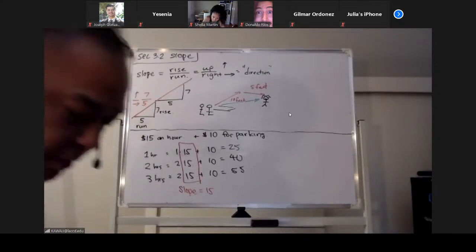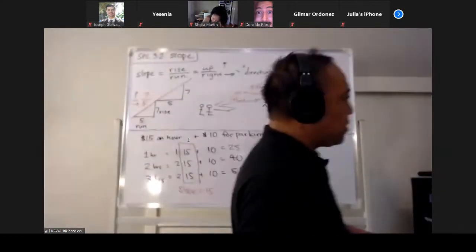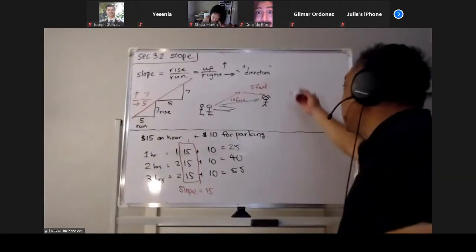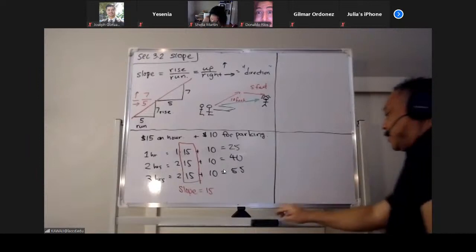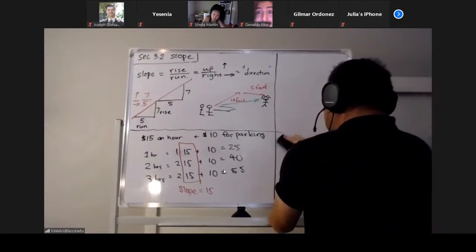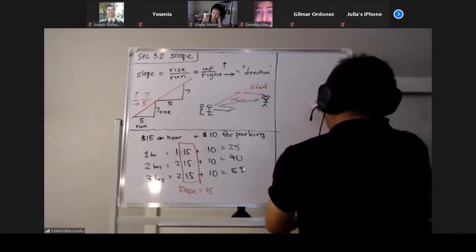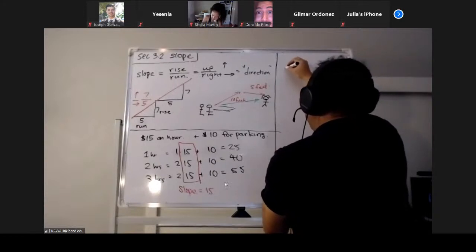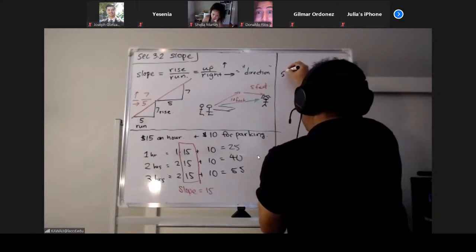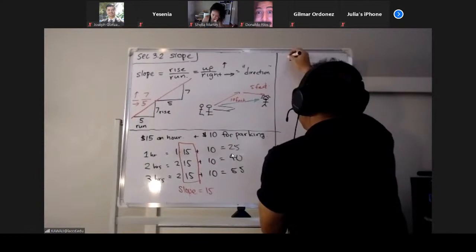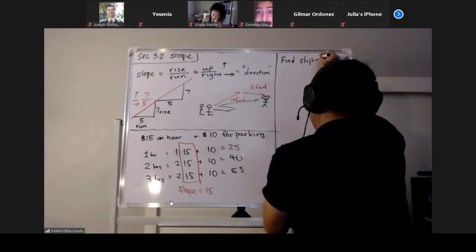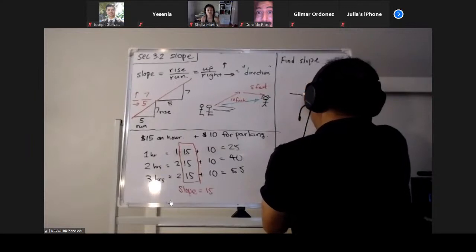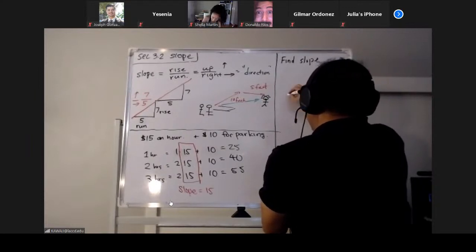Okay, now, there are a couple ways that we can see a slope. Okay. So we have a situation where it looks like a triangle going up.